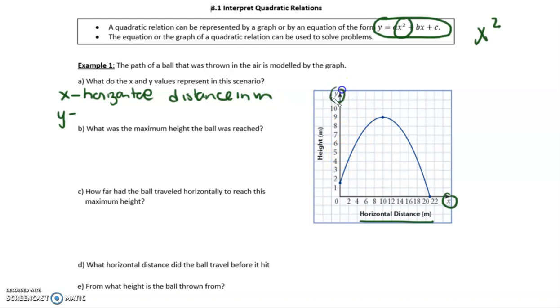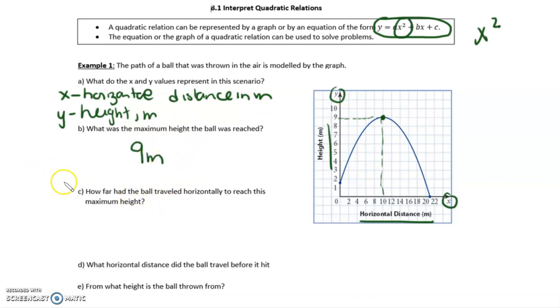Okay, and the y value represents the height in meters. What is the maximum height the ball reached? So what we're doing is we're looking for the vertex, which there's a point here anyways already identified. Okay, the max height would be 9 meters.